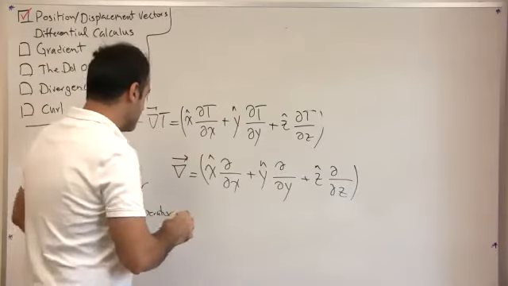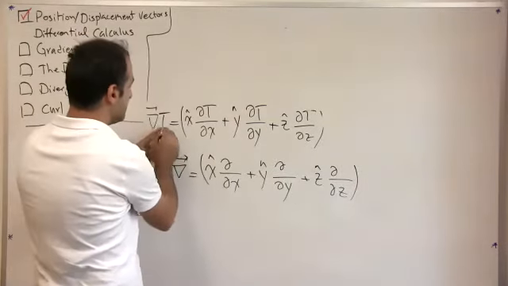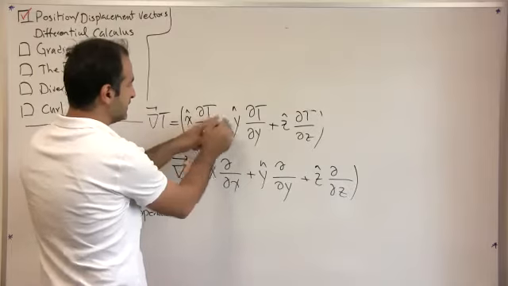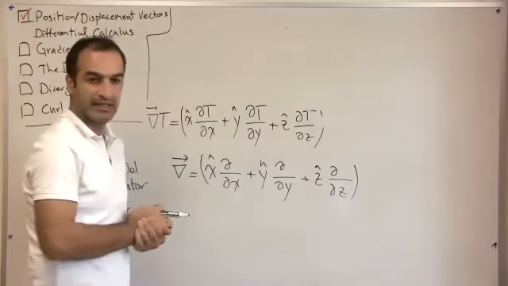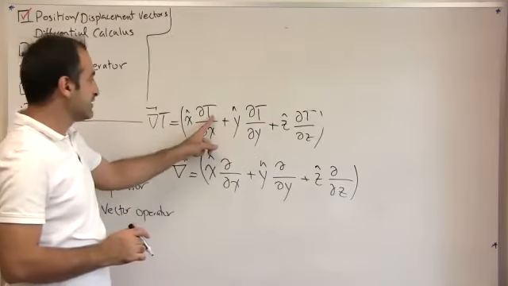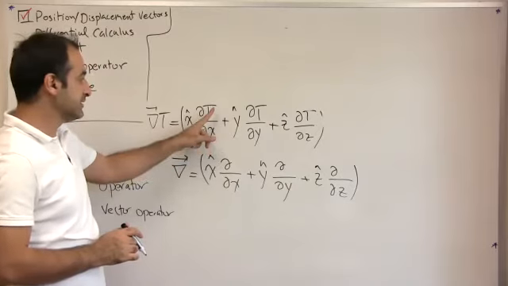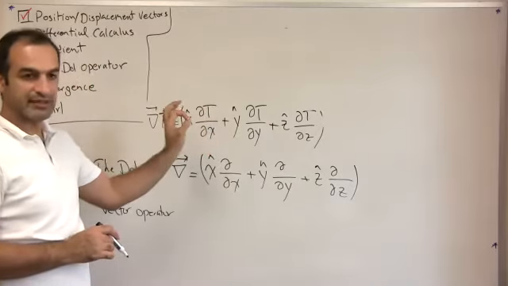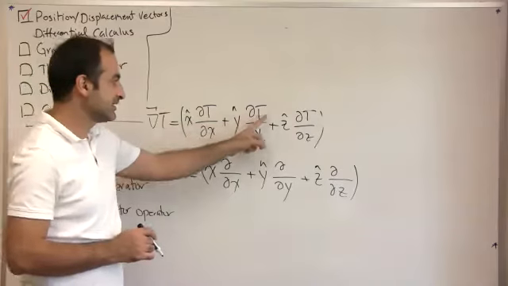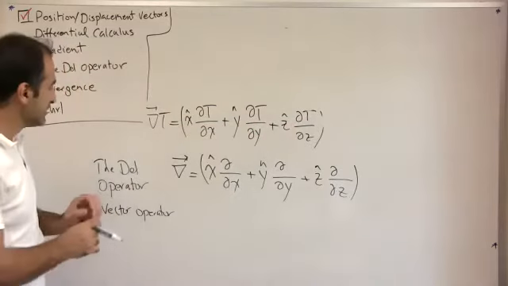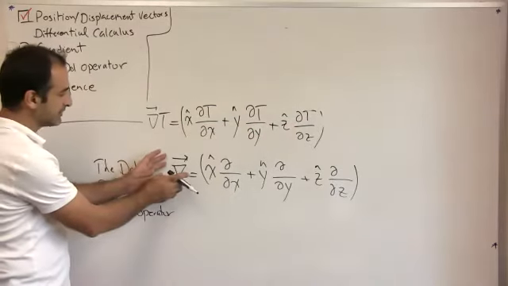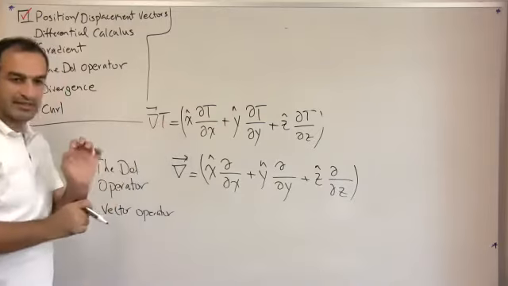Technically, if it works on T, then the partial derivative works on T, T, and T. Here it's not the x component of T, this is just T, the scalar function at a specific position, and the same thing happens here. So this is how this operator works on a scalar field.